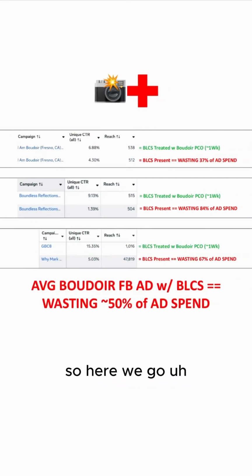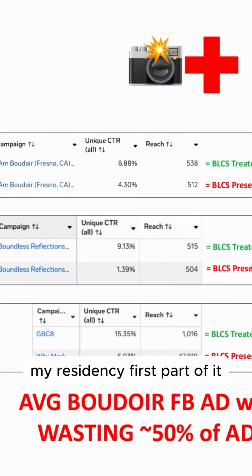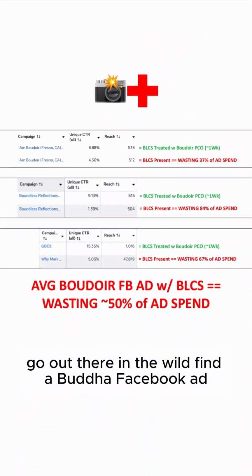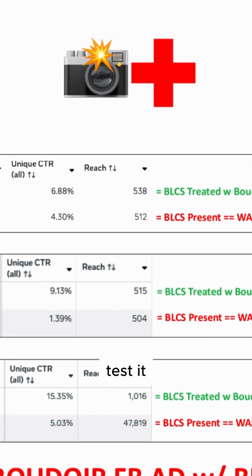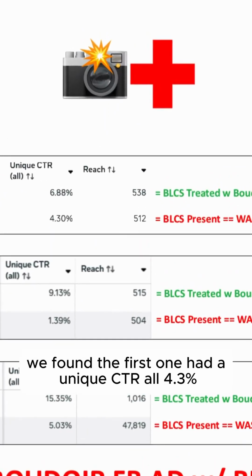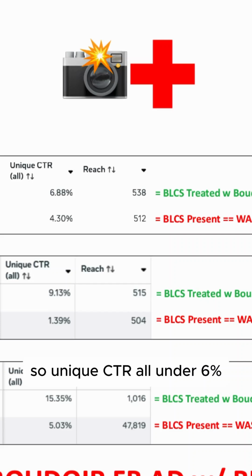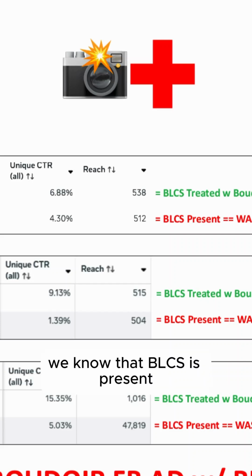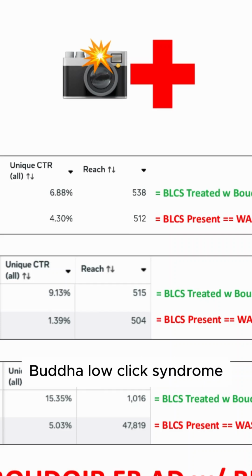So here we go. My residency, first part of it. Go out there in the wild, find a Boudoir Facebook ad, bring it back to the hospital, test it. We found the first one had a unique CTR of 4.3%. So unique CTR under 6%, we know that BLCS is present, Boudoir low click syndrome.